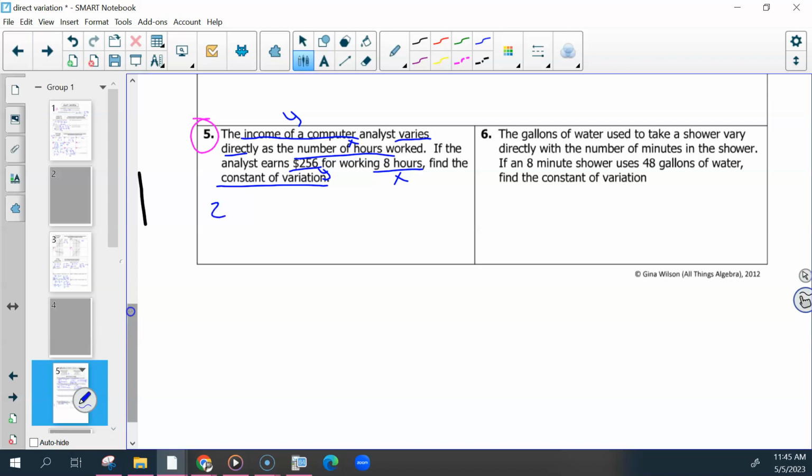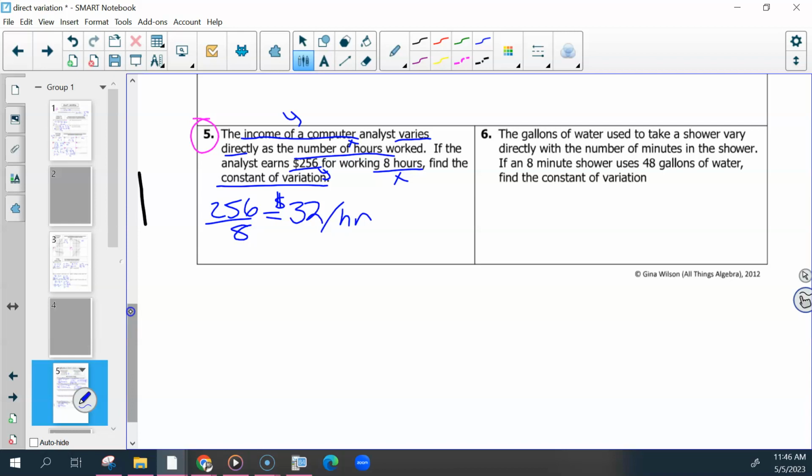So use the two numbers, divide them. What is your K value? $32. And this would be dollars per hour. Do you have any questions at all on how we find anything related to direct variation?